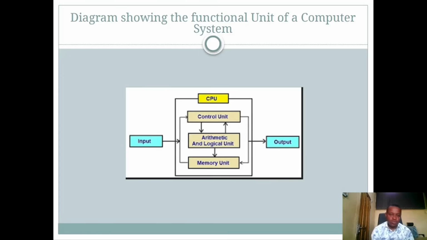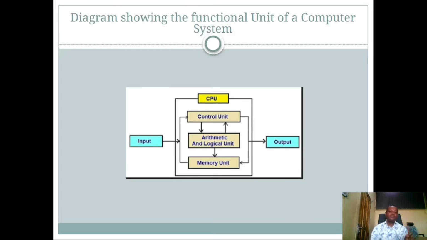It has the control unit, the arithmetic and logic unit, we call it ALU, the abbreviation for arithmetic and logical unit, and the last one is the memory unit.